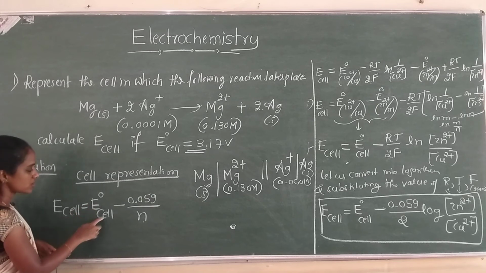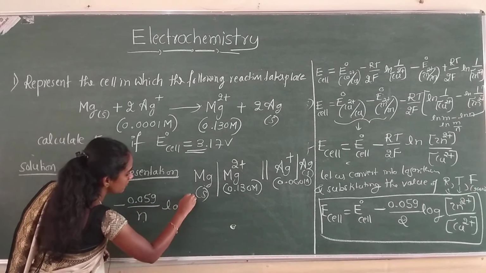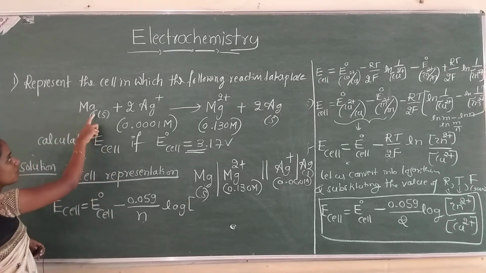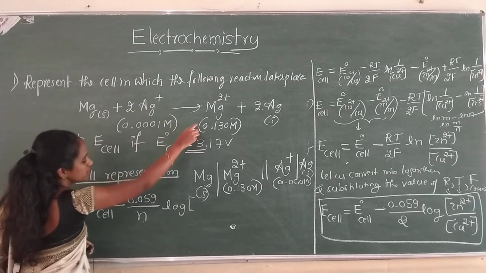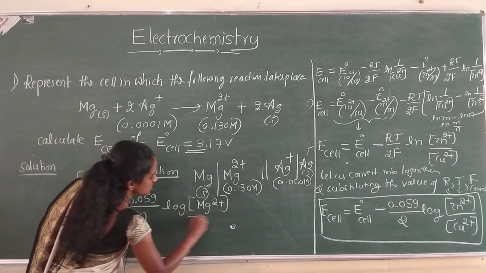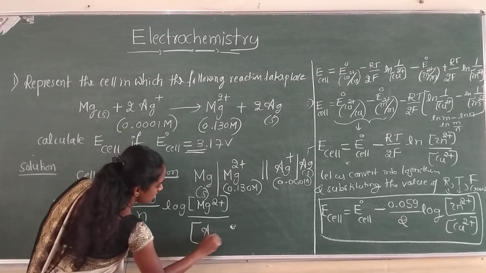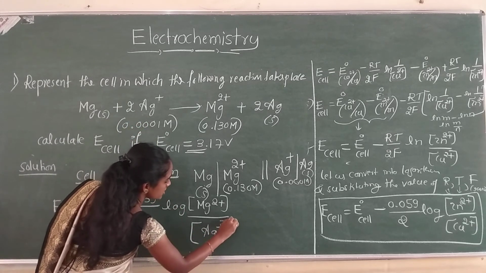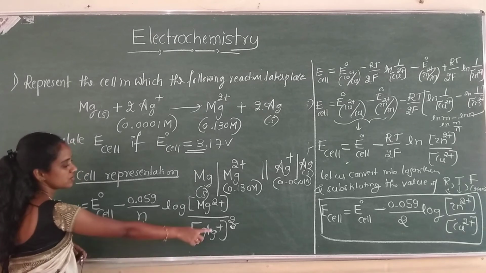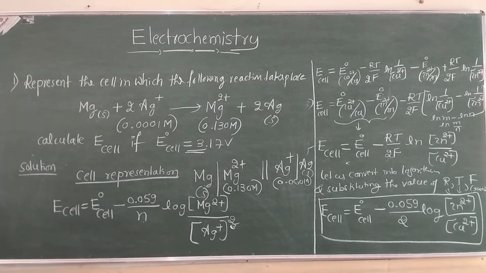E cell equal to E0 cell minus 0.059 divided by n log of the oxidized form, Mg to Mg2+, in the numerator, divided by the reduced form Ag+, but the stoichiometric coefficient is 2, so we should write it as a square. Now let us substitute the values.